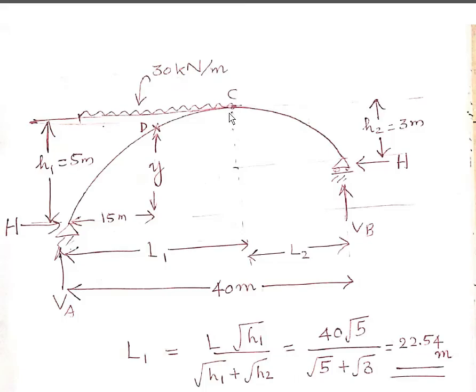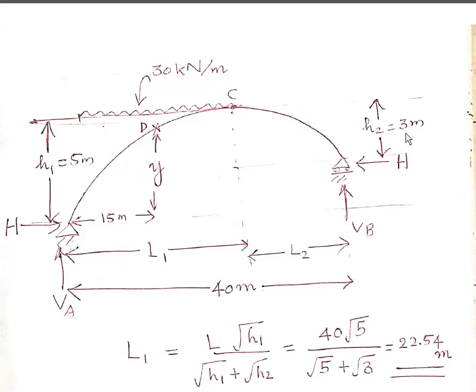So from this figure, what is the moment about C? We can easily get it from the right side. It is VB into L2 minus H into H2. Correct? So substitute the values of L2 and H2.